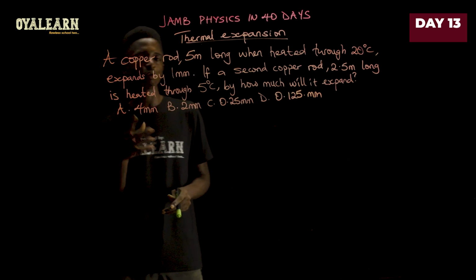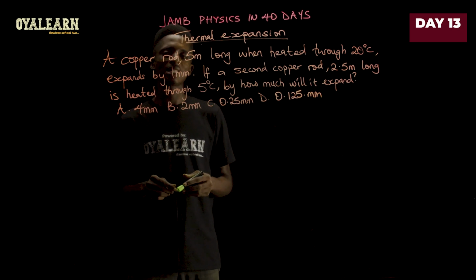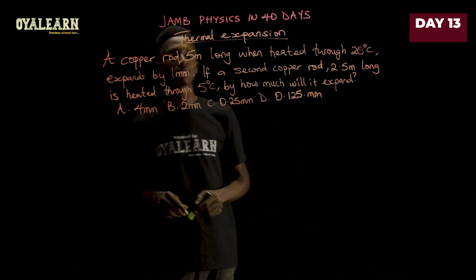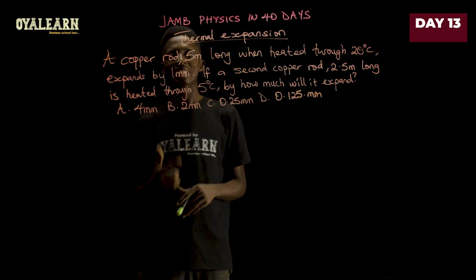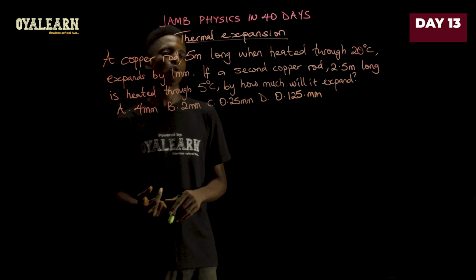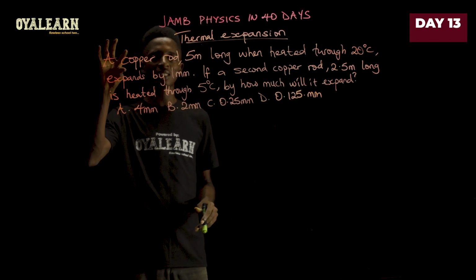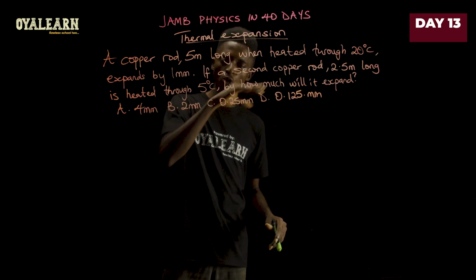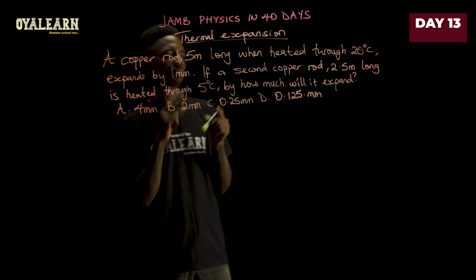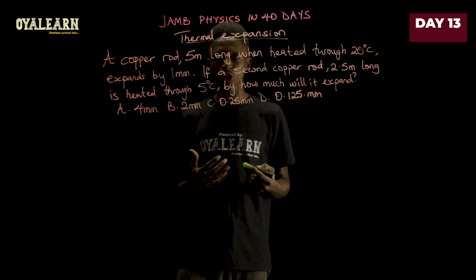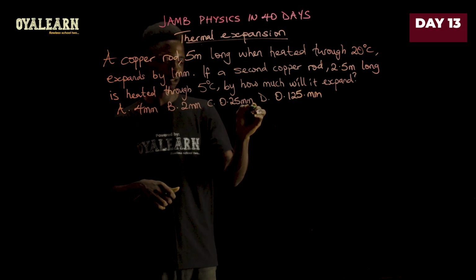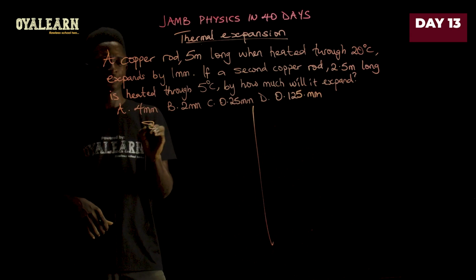Now, things we need to note from this question is that the two materials we are talking about are copper, so they should have the same linear expansivity. So all we have to do is find the linear expansivity with the information given for the first copper rod and then apply that to the second copper rod. That way we'll be able to get the expansion in the second copper rod. So let's start with the first copper rod.